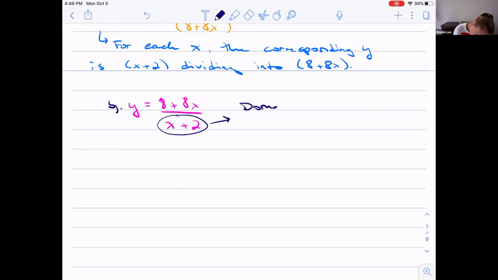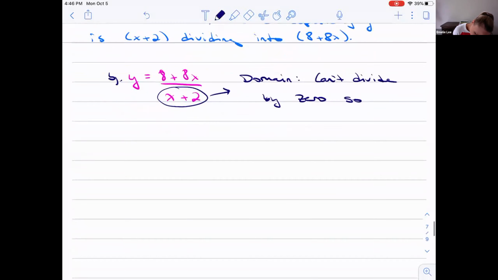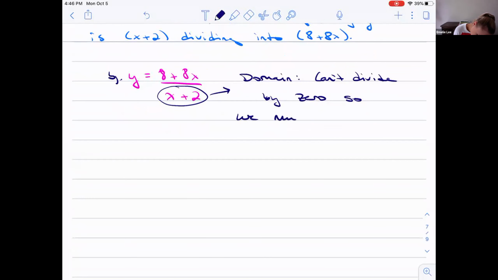And so here, for our domain, we can't divide by 0. So we must have x plus 2 not equal to 0, which means x cannot be negative 2.